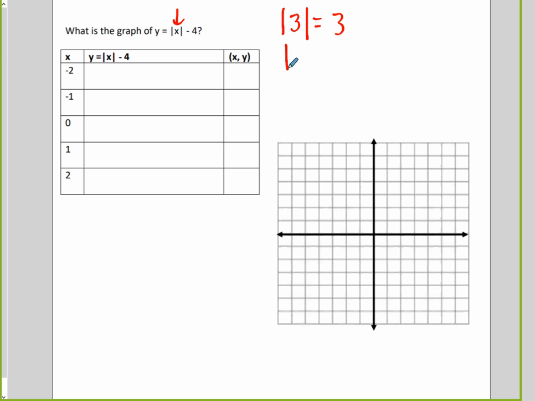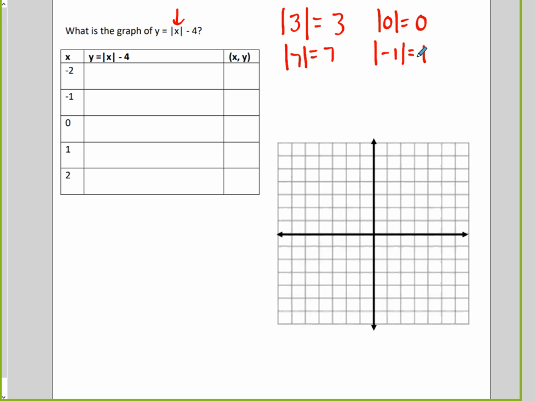Take the absolute value of 7, it's 7. Take the absolute value of 0, it's 0. But if you take the absolute value of a negative number, it turns positive. All right? It's basically a symbol that tells you how big a number is without worrying about the sign.